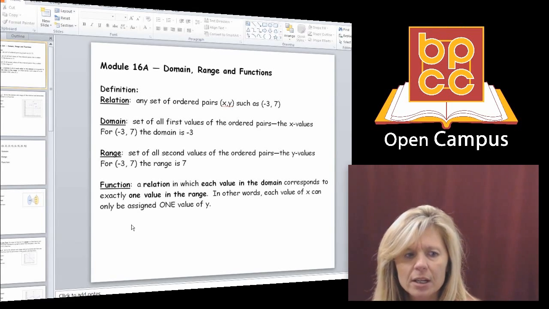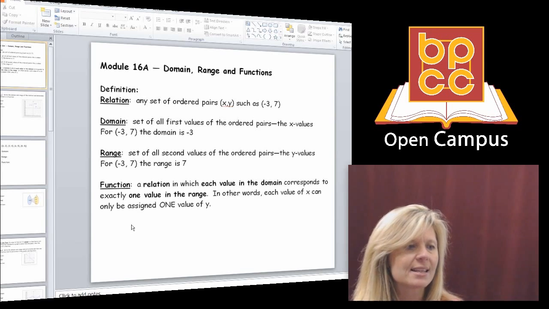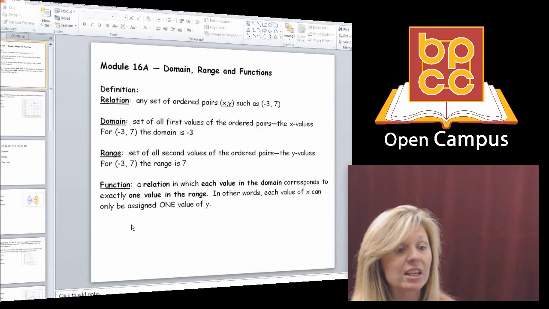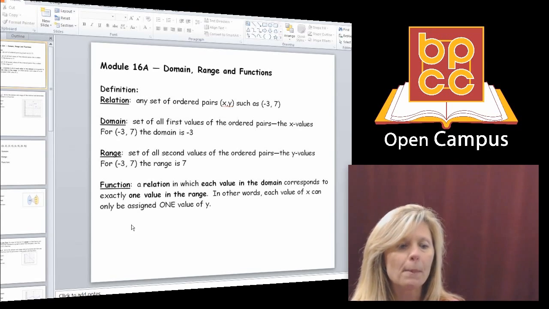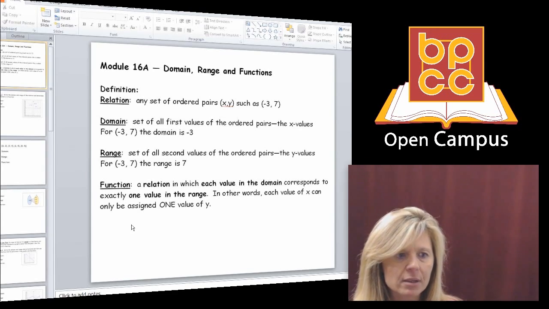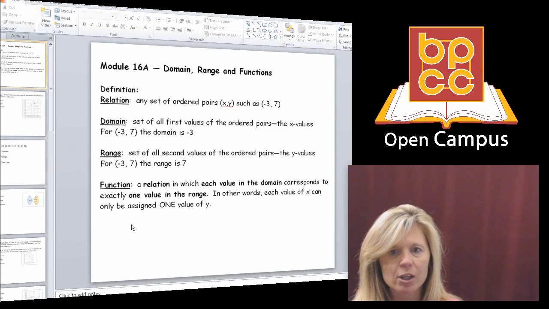Now what's important is because every point has an x value and a y value, they're given special names. The x value is called the domain. So if you look at my point, -3, 7, I would ask, what is the domain? I'm asking, what's the x value? And it would be -3.